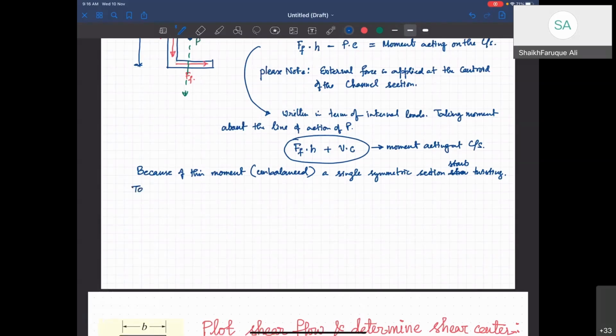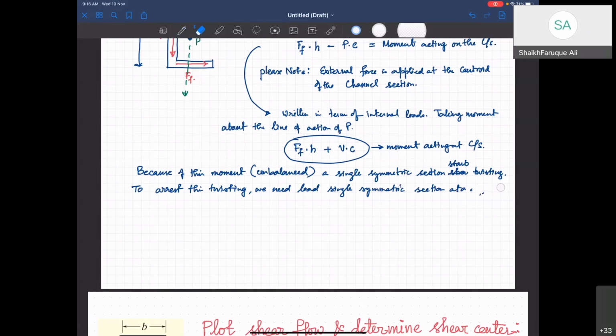To arrest this twisting, we need to do something, right? We need to load the single symmetric section at a different location.